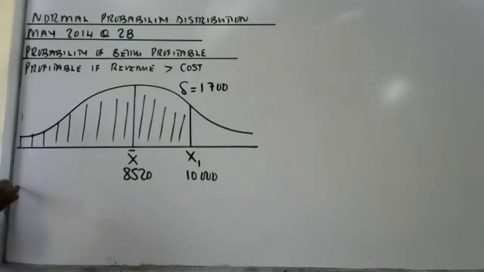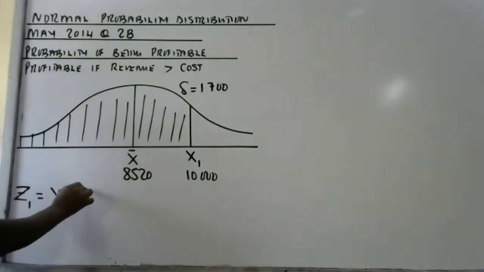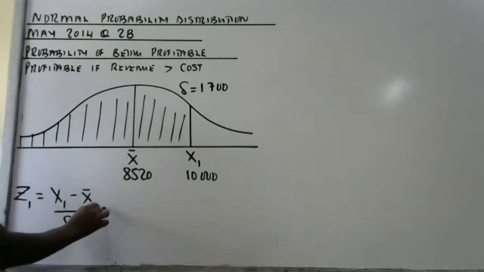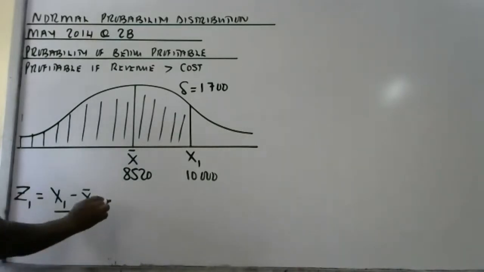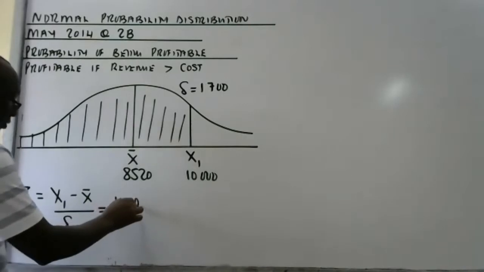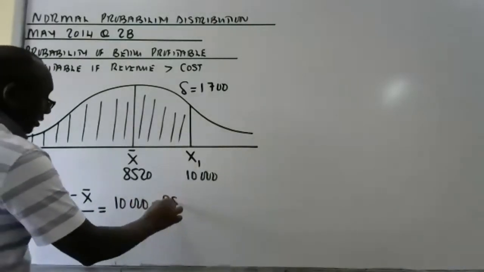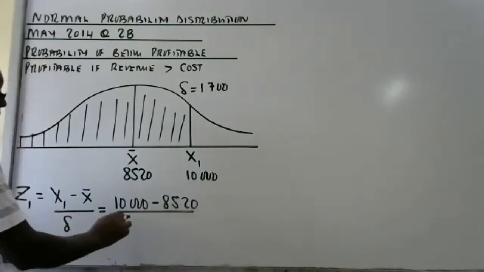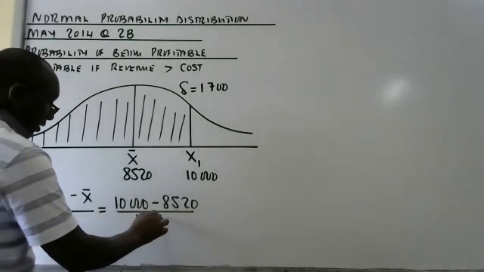So we get Z1 as X1 minus X bar, divided by the standard deviation. So this will be 10,000 minus 8,520, divided by 1,700.